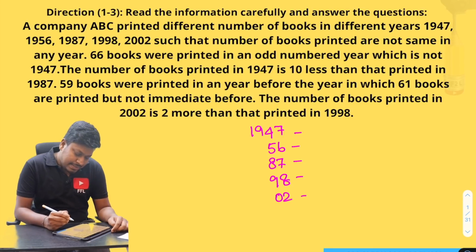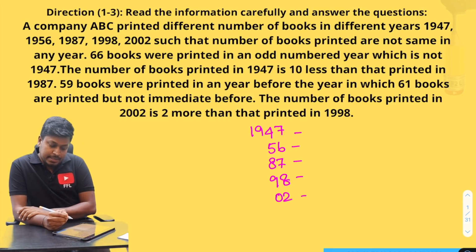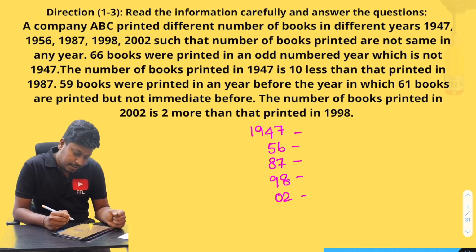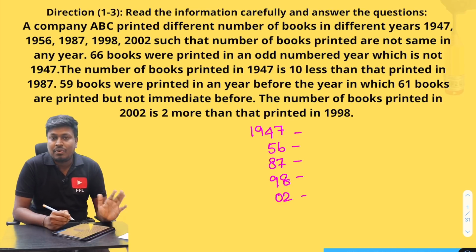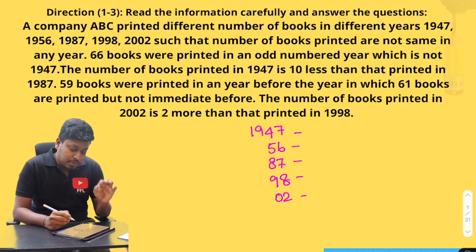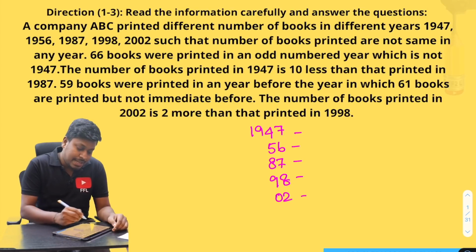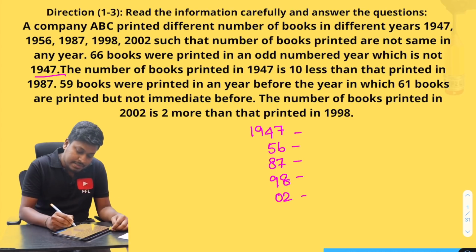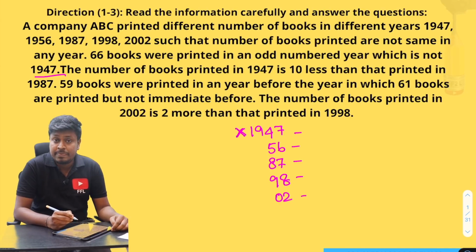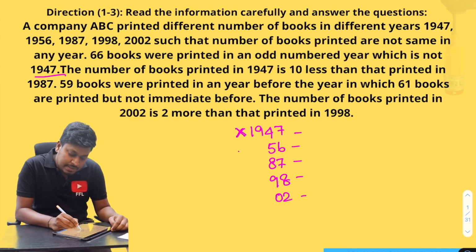What they are saying is 66 books were printed in an odd numbered year, which is not 1947. So 1947 is not the year with 66 books. We know that 1956 is an even year, 1998 is an even year, 2002 is an even year.